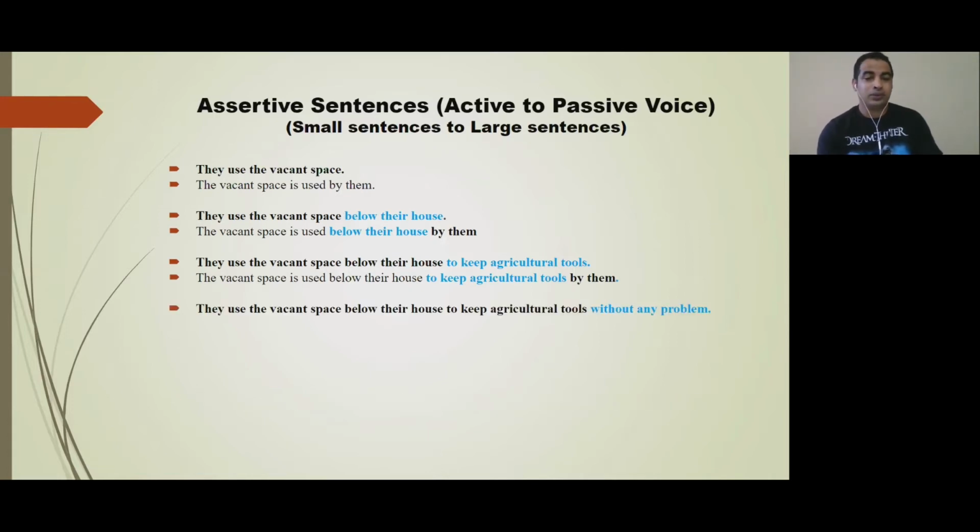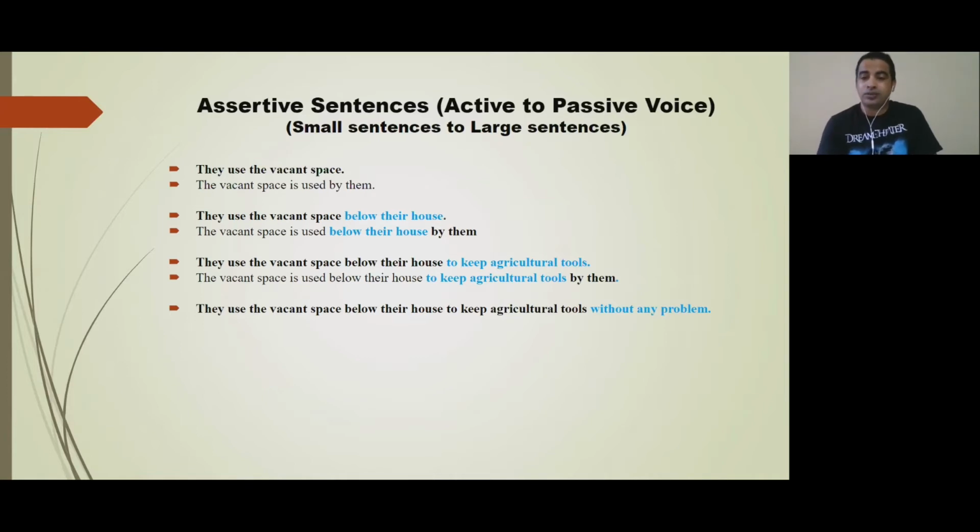So let's go again. My dear students, the sentences become larger again and again. Don't think about this; I'm not mentioning anything difficult. It's very easy, from small sentence to large sentence, from large sentence to another large sentence. Here: "They use the vacant space below their house to keep agricultural tools without any problem." Another extension has come here.